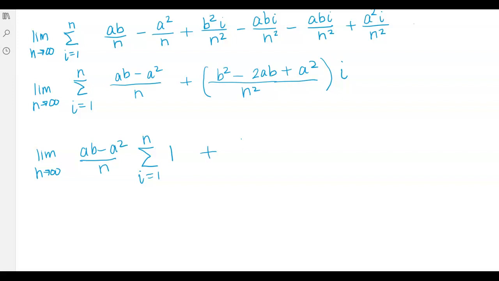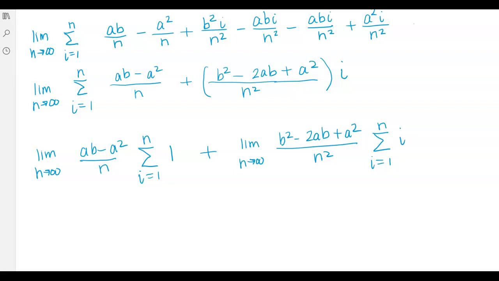For the second one, we have b squared minus 2ab plus a squared over n squared, and then this is the summation of i.